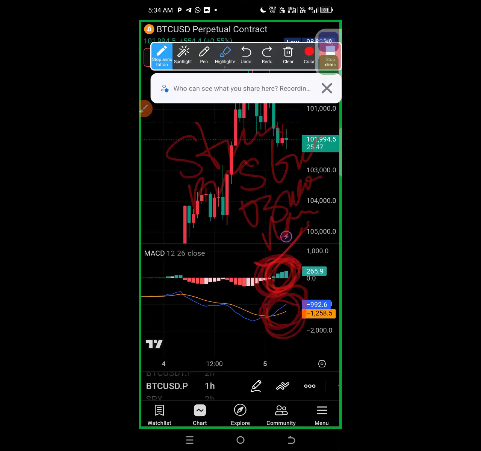But what we are saying is that if we want to get a strong confirmation candle or a strong confirmation direction for us to follow, then if the crossover happens above the zero line, and also the histogram is above the zero line, this may give us a clear indication that it is having a strong bullish direction or momentum.